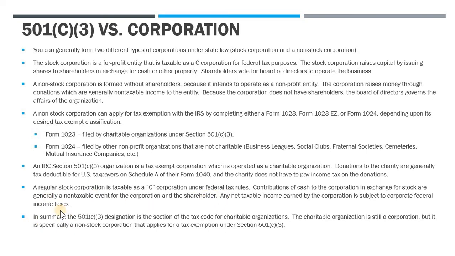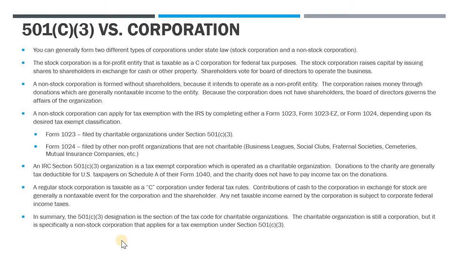Now, just to wrap everything up here, in summary, the initial question posed: what's the difference? Well, the 501c3 designation is a section of the tax code that applies to charitable organizations for a corporation, right? So a 501c3 entity is still a corporate entity. It's a corporation. It's just a non-stock corporation.